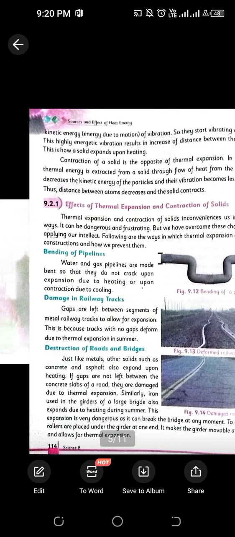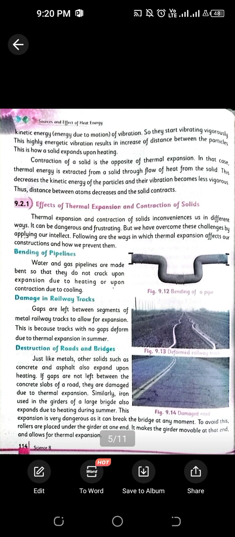110, and the topic we are going to discuss today is on page number 114, the effects of thermal expansion and contraction of solids. First of all, I wanted to make the concept of thermal expansion and contraction very clear.